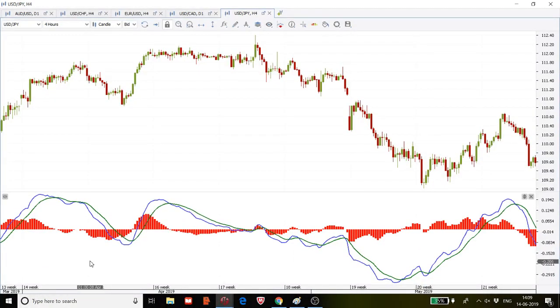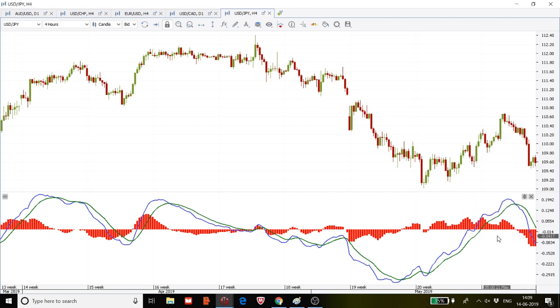The concept is that the histogram should move from negative to positive for the buy trade, and the MACD line should cross over the MACD signal line, and vice versa for the sell trade: the MACD line should cross below the MACD signal line, and the histogram should move from positive level to negative level.